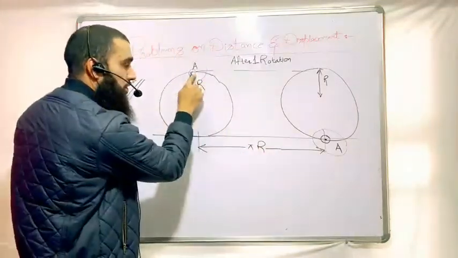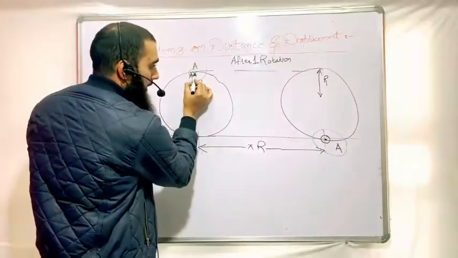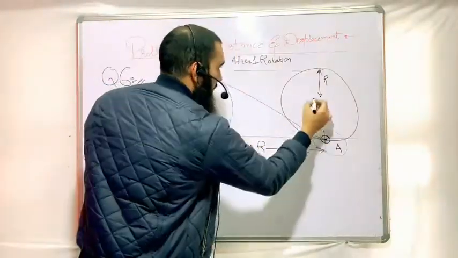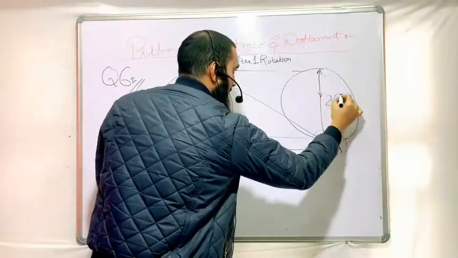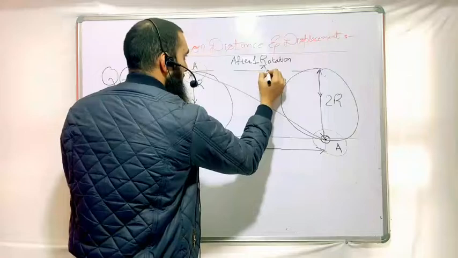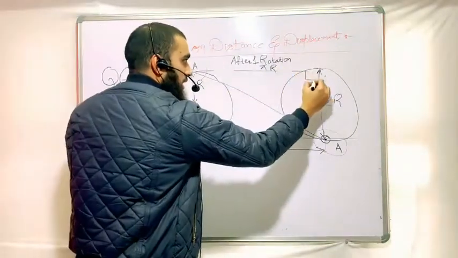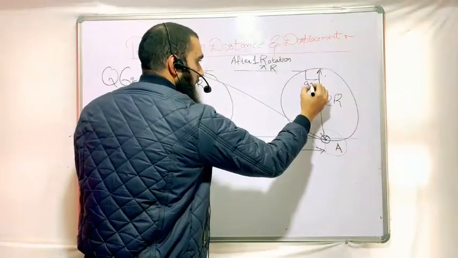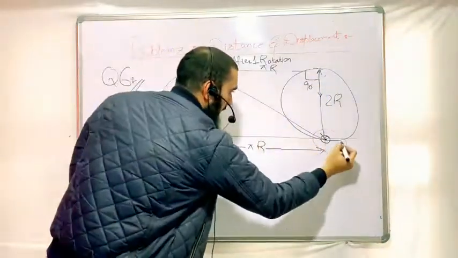Here, the initial position is here A and the final position is here. So we'll be joining the initial and final position. If this distance is twice r and this distance is pi r, we can calculate this distance because here is a tangent, that's it will subtend 90 degree. So the displacement, I can say this is A and A dash.